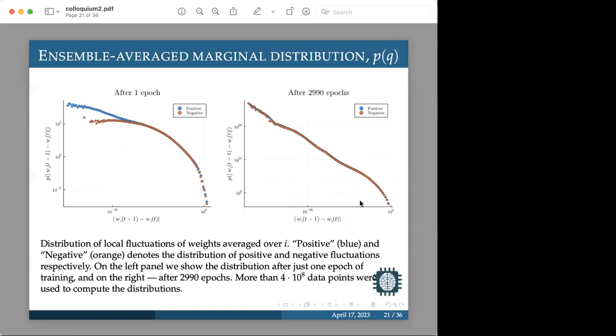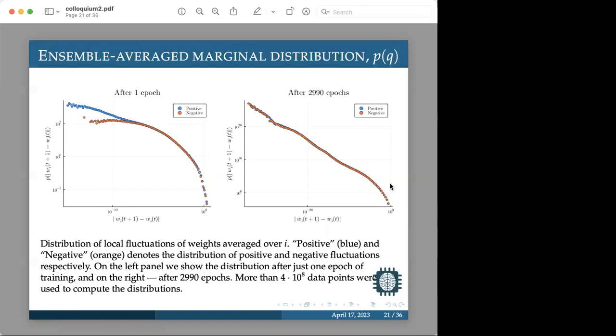And eventually, as the system evolves or learns, the jumps in the weights, which are the adjustments of weights due to learning dynamics, exhibit this power law behavior. Okay, so we know for sure that machine learning systems go to this kind of critical state.